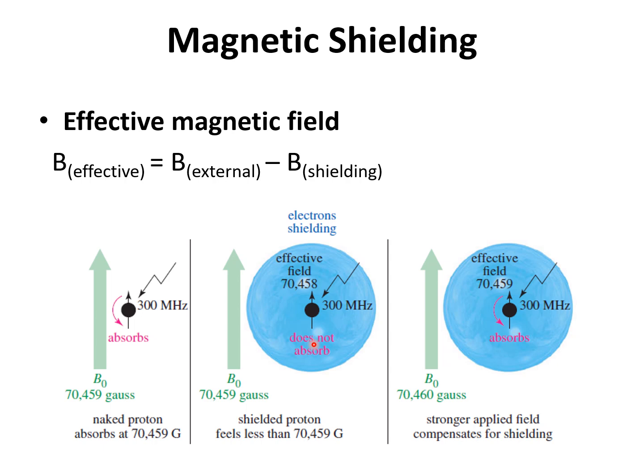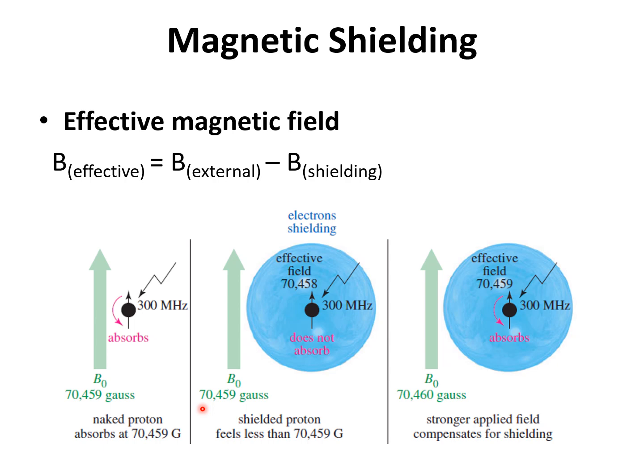But generally protons are surrounded by electrons, which in this picture are denoted by the blue color, and they partially shield these protons. Electrons circulate and generate their own induced magnetic field, and this induced magnetic field opposes the external magnetic field.